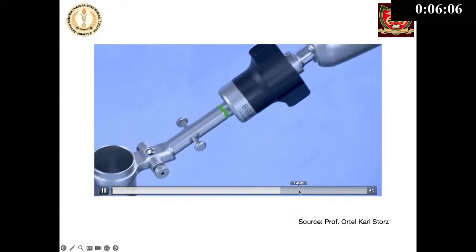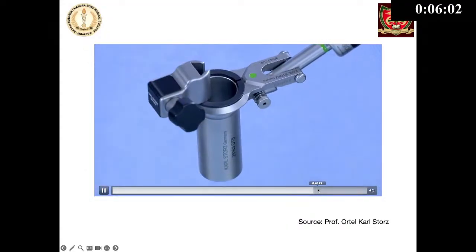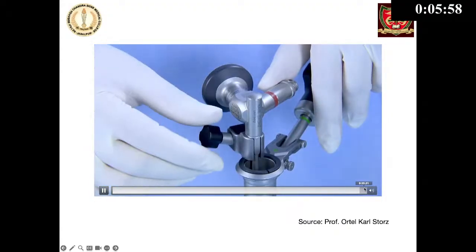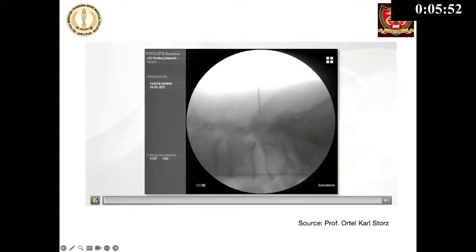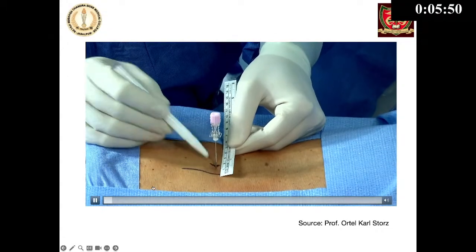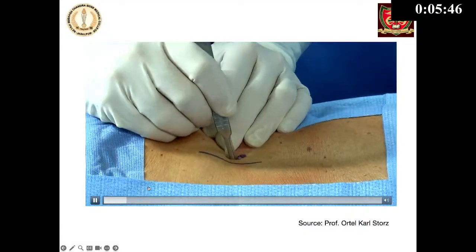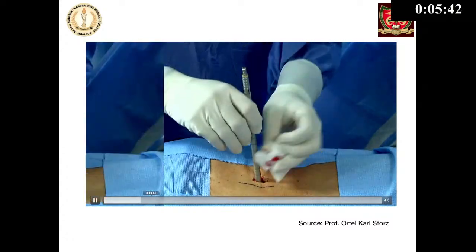Then there are 3 types of trocar available. One can start with the larger and then gradually shift to the smaller. This is the scope mount, and this is attached to the endoscopic holder. And here you can mount the scope and do the surgery.